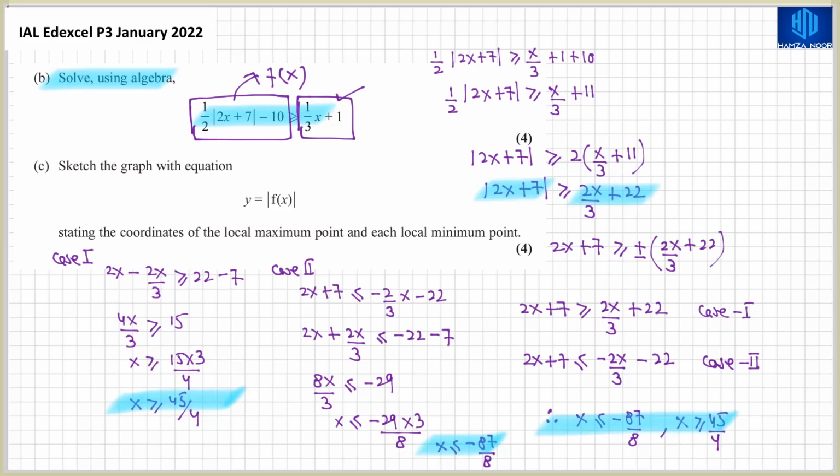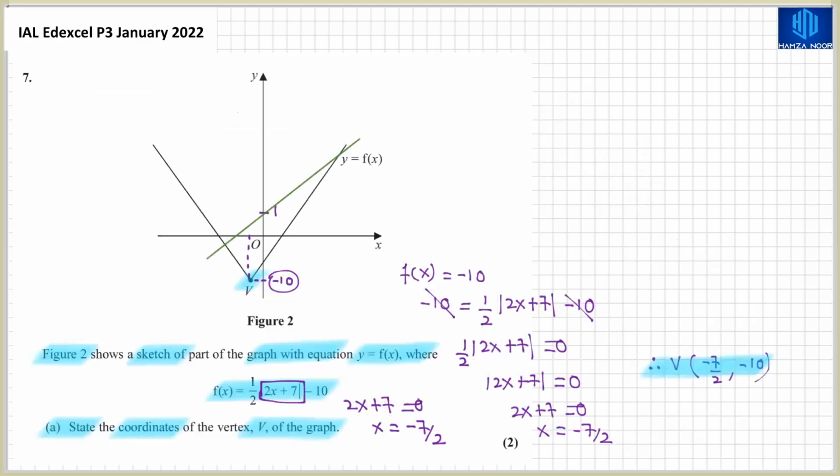Alternatively, what you can do over here is use the sketch of the graph on the earlier page, and here we can make two separate cases. Here we have a positive x coordinate, and here we have a negative x coordinate. To find this positive x coordinate at this particular point, the slope of the modulus graph and the slope of the linear function, which is without the modulus, are both positive.